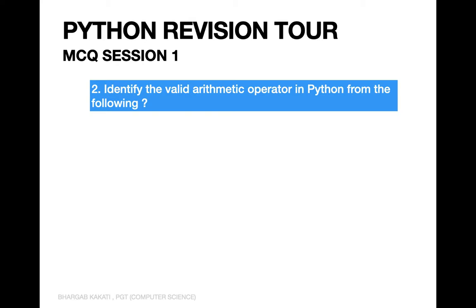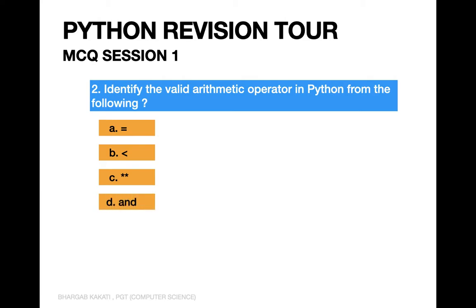The second question says, identify the valid arithmetic operator in Python from the following, and the options are option A equal, option B less than, option C exponentiation, option D and. Out of this you have to identify the valid arithmetic operator.